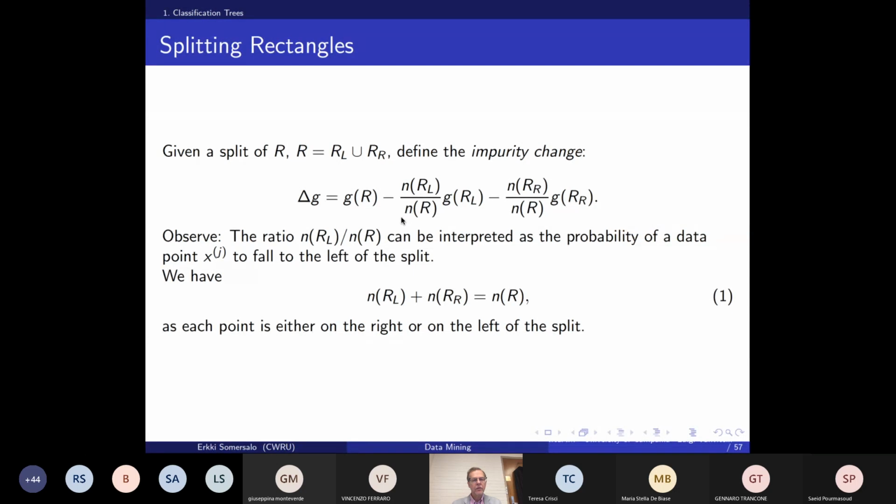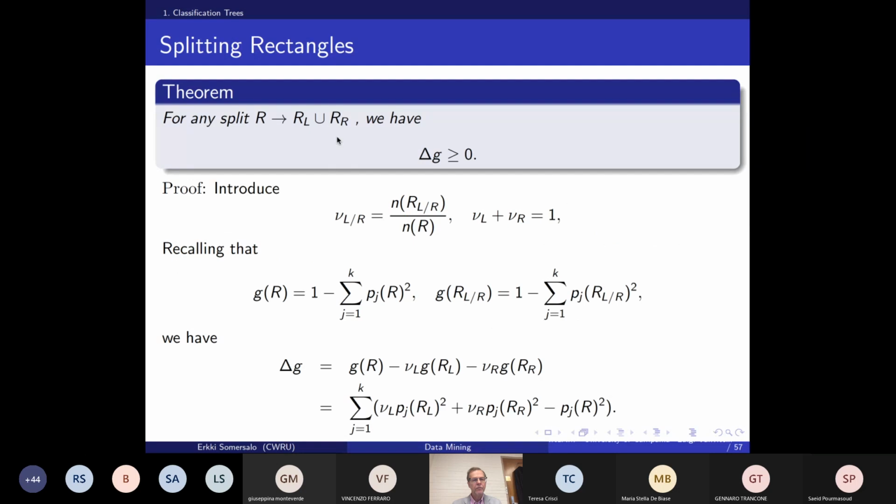And so then the question was, what happens to this Gini index when you split your R? And so delta G is measuring how much things change. We had a small theorem saying that no matter how you split your rectangle, you cannot go worse. So splitting is always a good idea because it decreases the impurity, decreases the Gini index.